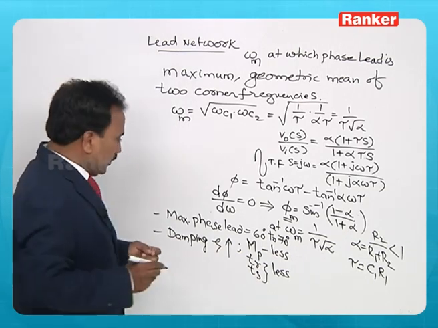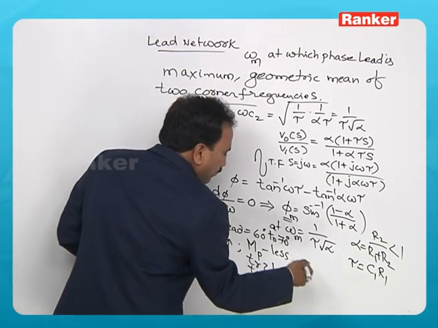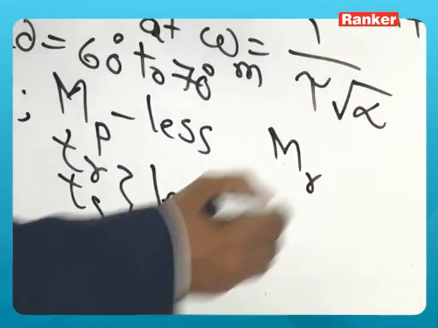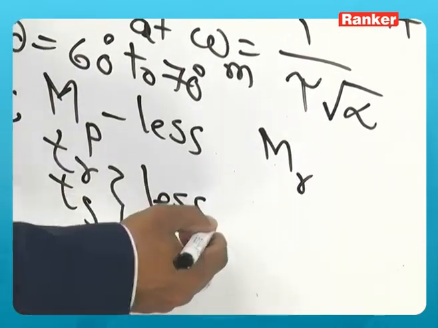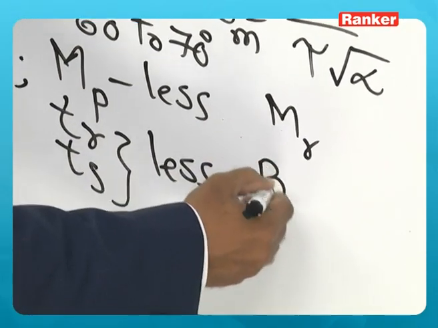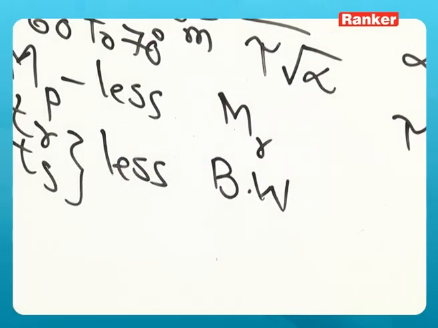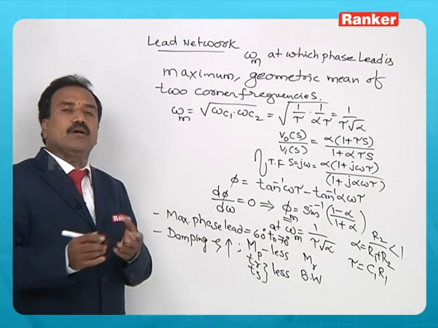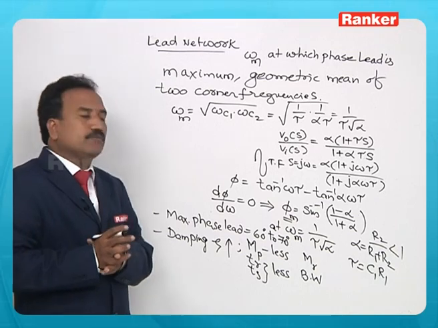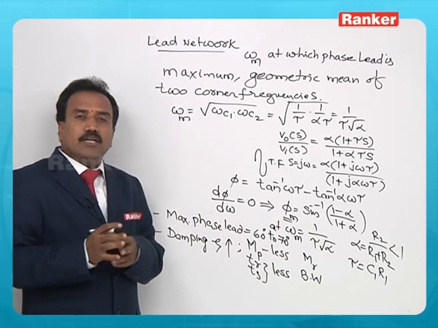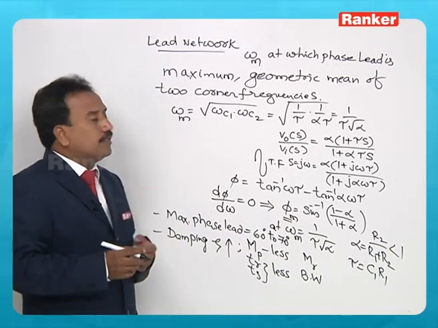In the frequency domain we say resonant peak, and the speed of response is seen in terms of bandwidth. So overall the transient performance of the system can be improved with the help of the lead network.